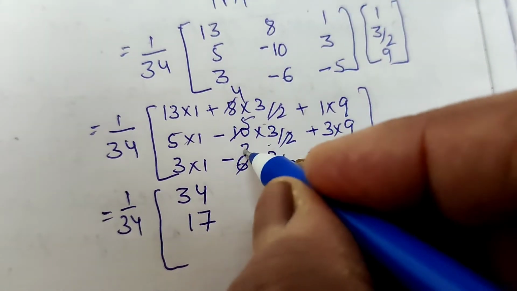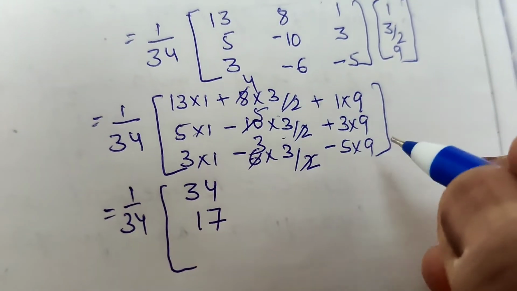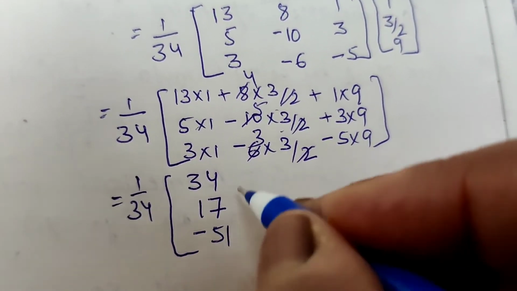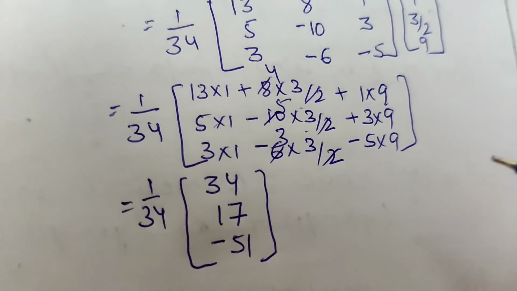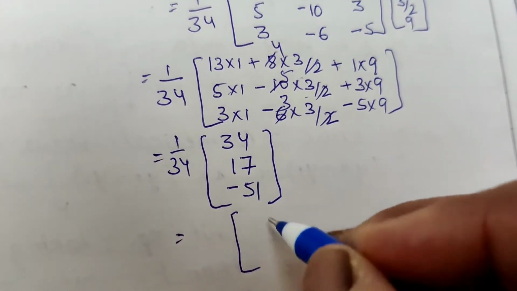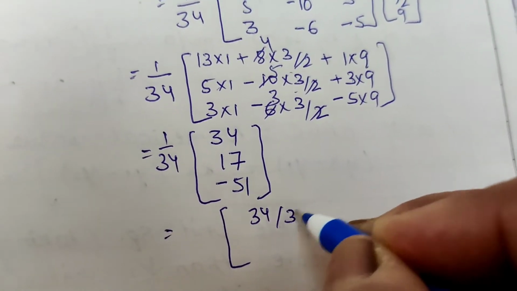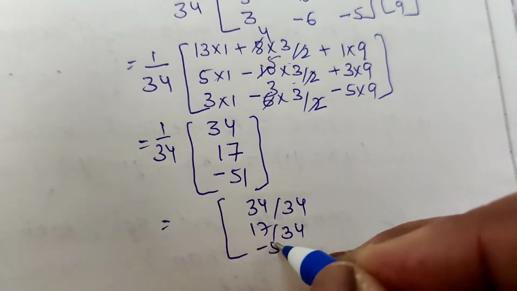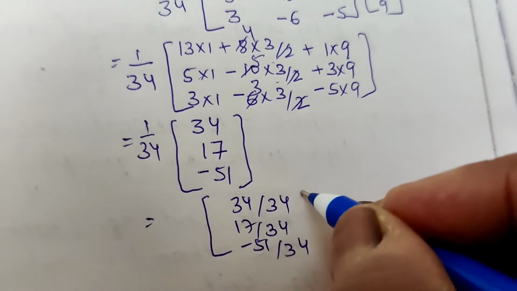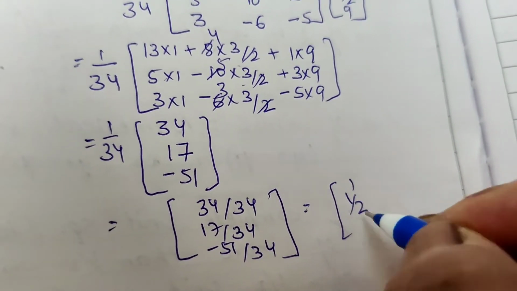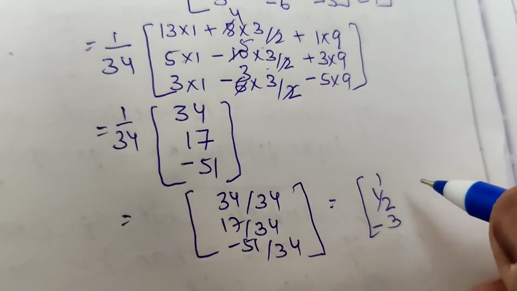Again 3 minus 9 minus 45, that is minus 6, minus 45, and 6 is minus 51. Okay, now divide by 34. Each number divided by 34: 34 by 34, 17 by 34 and minus 51 by 34. These are equal to 1, 1/2 and minus 3/2.